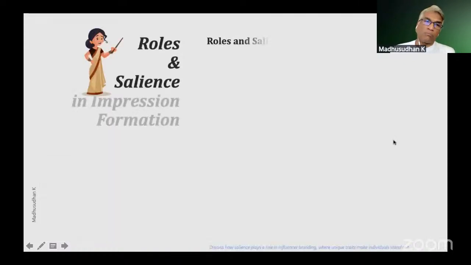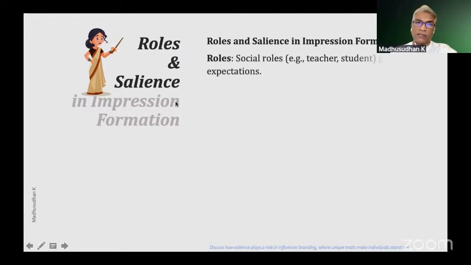So role, what is role? Looking at the image, can you guess? Role is something that silently indicates their capability and presence. If I say teacher, what do you recollect?